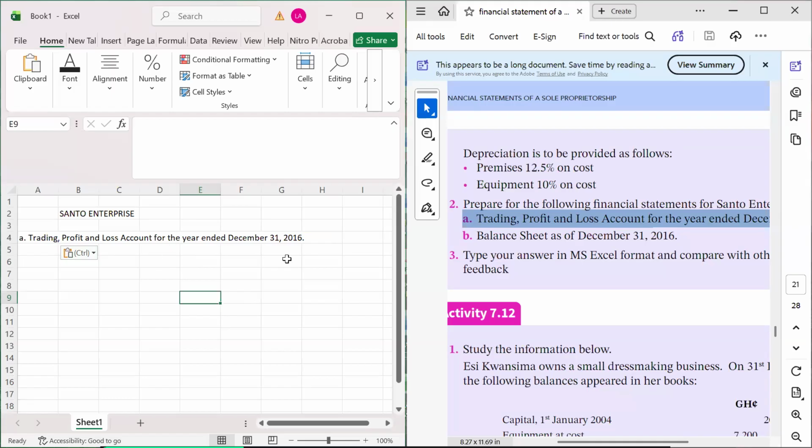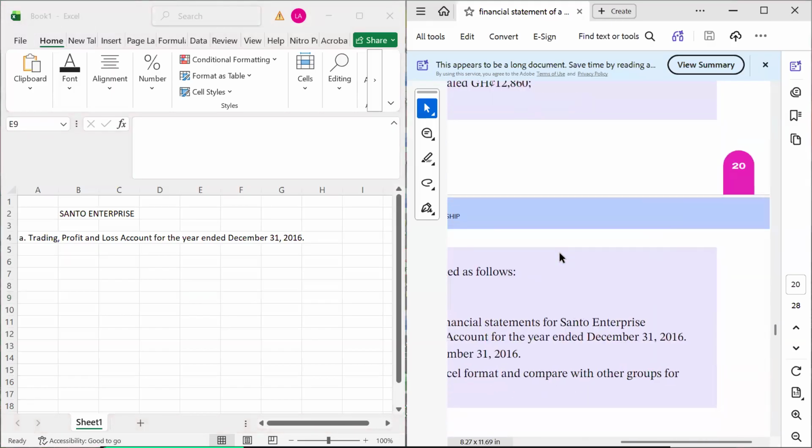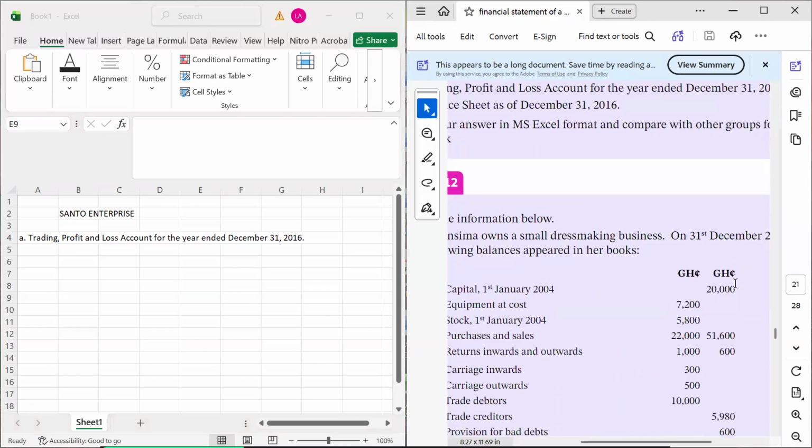Then after, determine the currency of the transaction. In this case, it is Ghana cedi. So you put the Ghana cedi. Are you following?